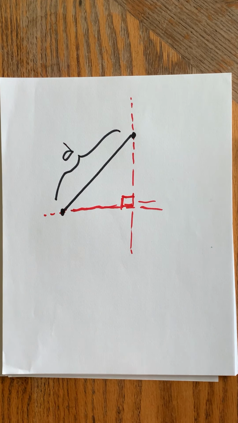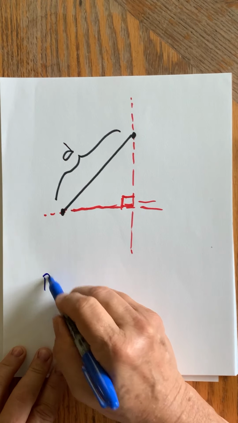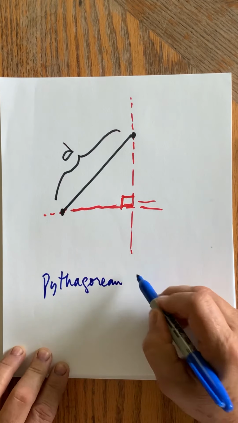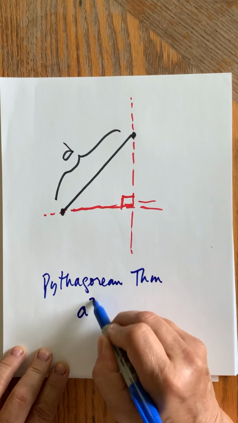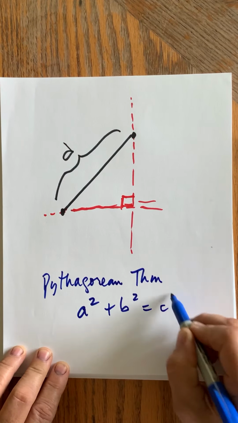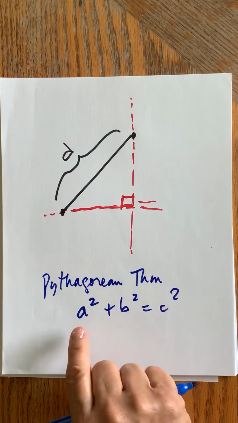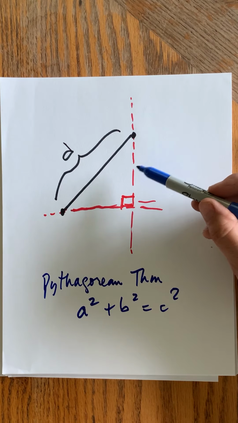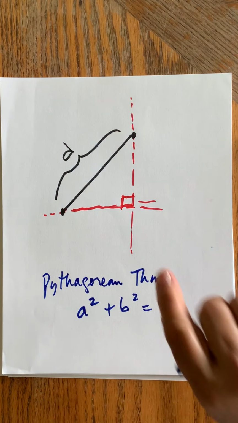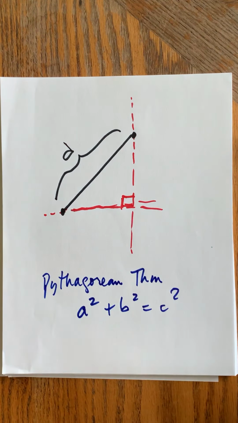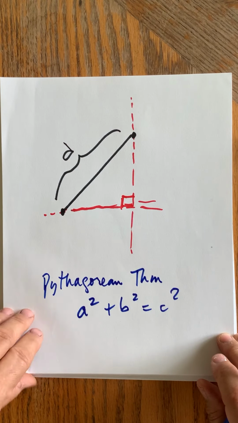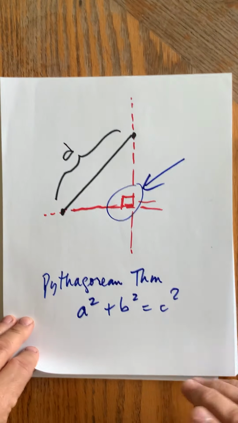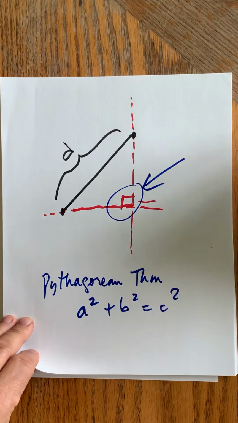And so the Pythagorean theorem, of course, says that a squared plus b squared equals c squared, so that the sum of the squares of each of the shorter sides of the right triangle is equal to the square of the longest side of the triangle, right? You can invoke that because of this right here. The Pythagorean theorem only applies to right triangles.